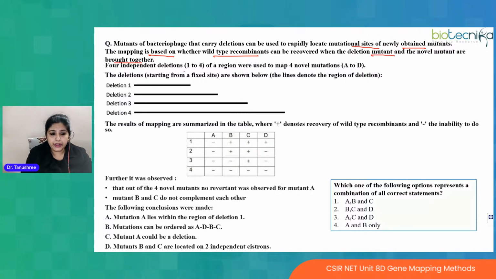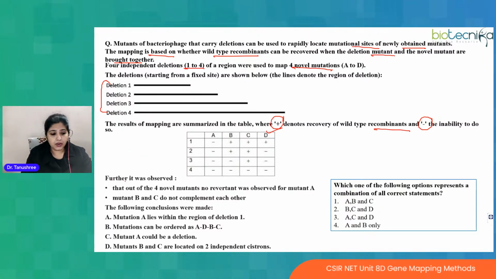So 4 independent deletions, 1 to 4, of a region were used to map 4 novel mutations, that is A to D. Here you can see the deletions are given, and also 4 novel mutations A to D. The results of mapping are summarized in the table, where plus denotes recovery of wild type recombinants and minus indicates the inability to do so.